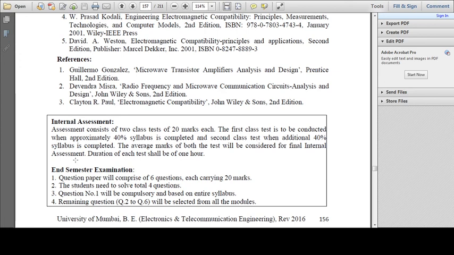The end of semester examination will be conducted. The question paper will comprise 6 questions. Each question carries 20 marks. The student needs to solve any 4 questions, and question number 1 will be compulsory, based on the entire syllabus. The remaining questions will be selected from other modules.